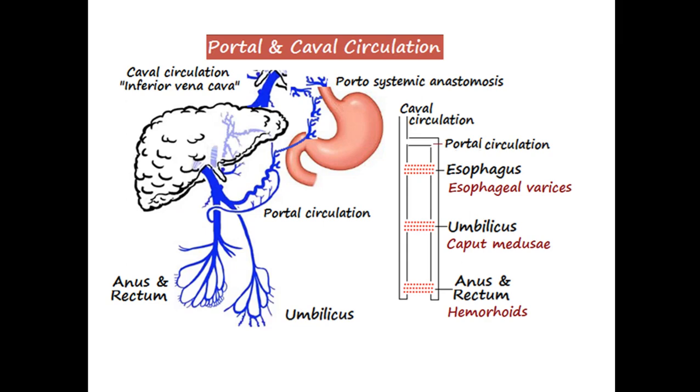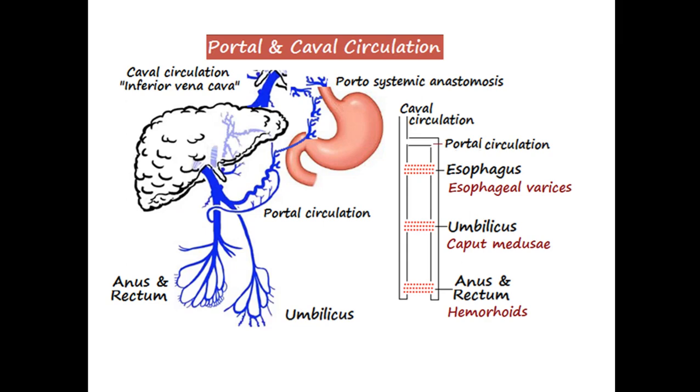macronutrients, micronutrients, vitamins, minerals that are needed by the body, and they are present in the food, they are absorbed from the intestine. And in the portal circulation, they are carried into the liver, and the liver, which is the major metabolic machinery of the body, processes these macronutrients like proteins, carbohydrates, fats, and micronutrients like vitamins and minerals.